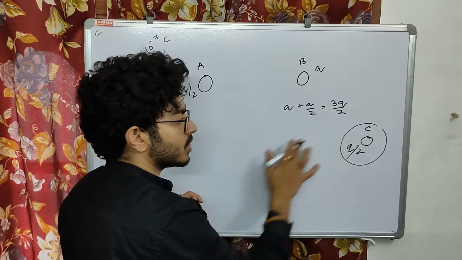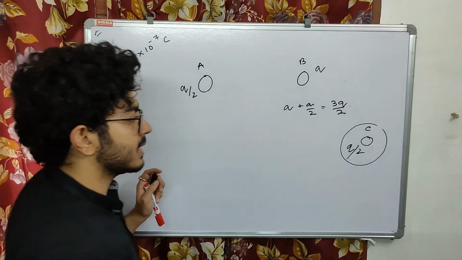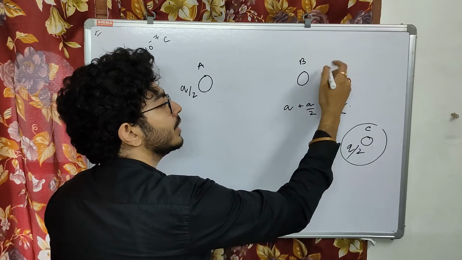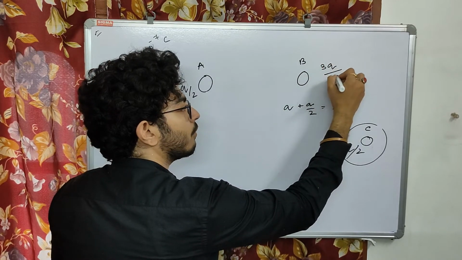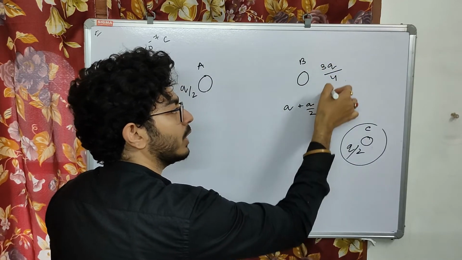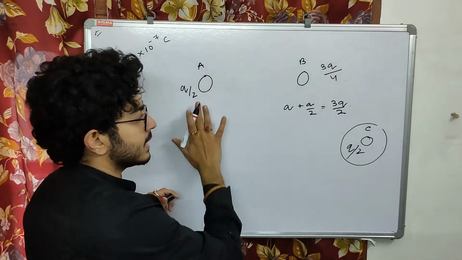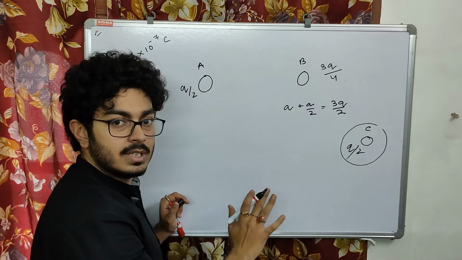If this charge is divided equally between B and C, then the charge gained by B will be 3Q by 4. This 3Q by 2 divided by 2 becomes 3Q by 4. So this part is clear to everyone. Just understand this part, and then it becomes very easy to calculate.